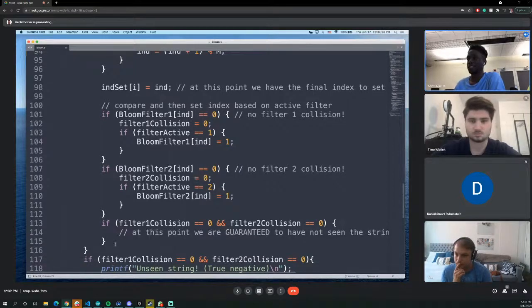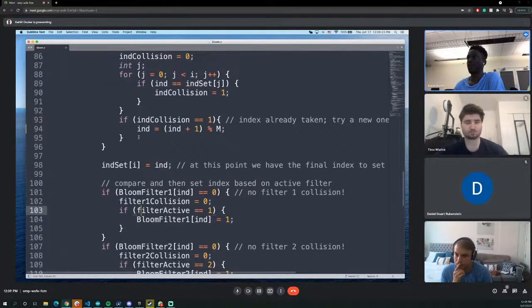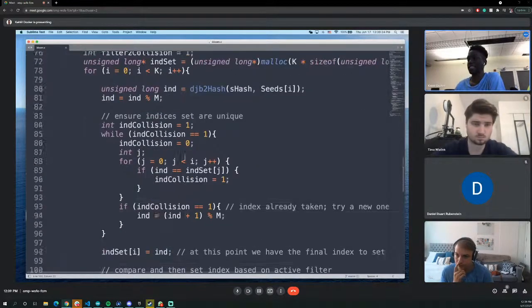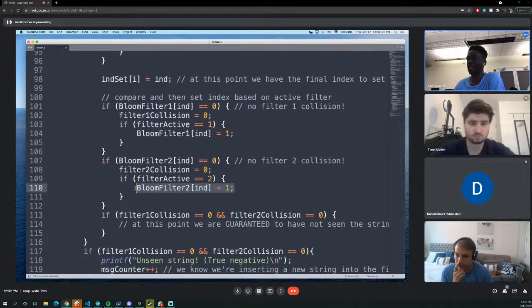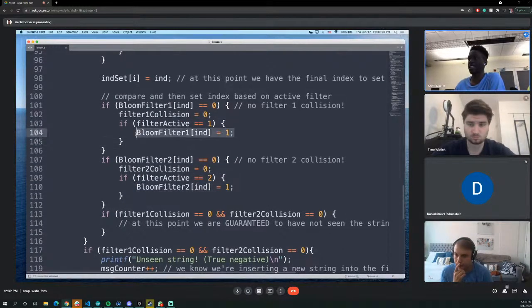And this is just setting the index. So all this is generating the hash indices and then setting the corresponding index in the bloom filter.